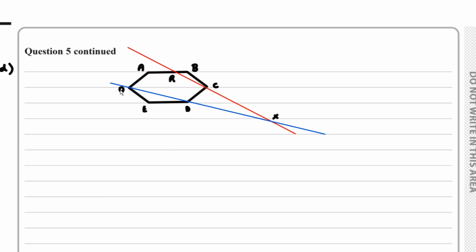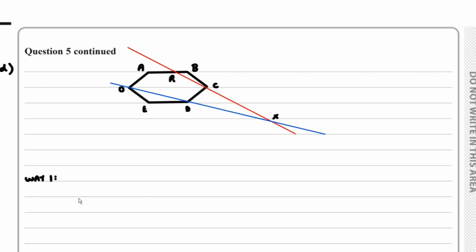Now, what you will recognize for the red line, the vector RC is a multiple of RX, because R, C and X lie on a straight line, and similarly the vector OD is a multiple of OX, and that's because O, D and X lie on a straight line.